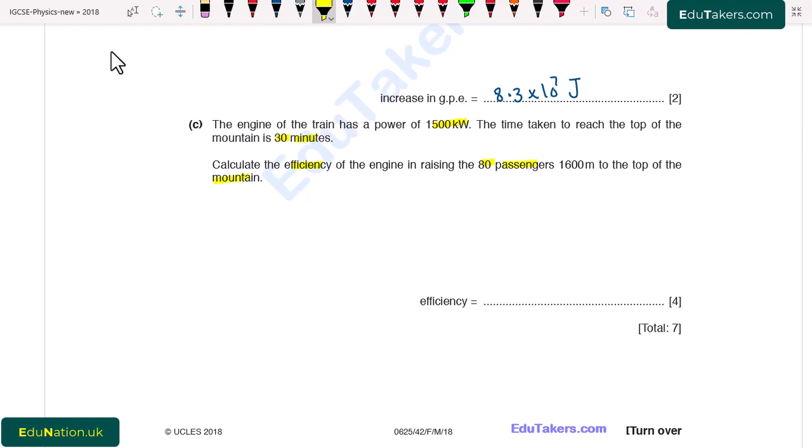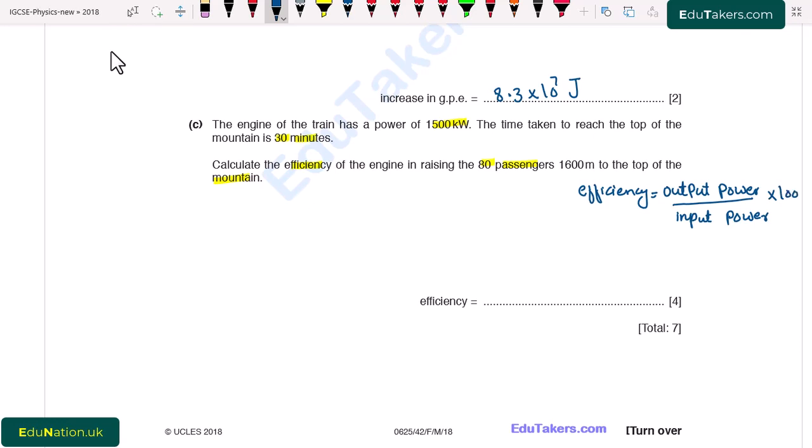Here we have to find out the efficiency, and the formula of efficiency I write here. Efficiency is equal to output power divided by input power multiplied by 100.